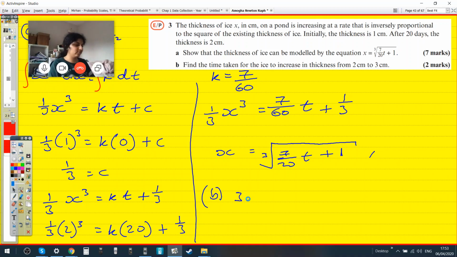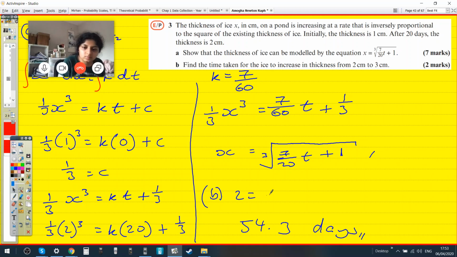I got 54.3. I feel like there's a days question. So you sub in, so 2. I just did x is 2 and then x is 3. And then minus them.